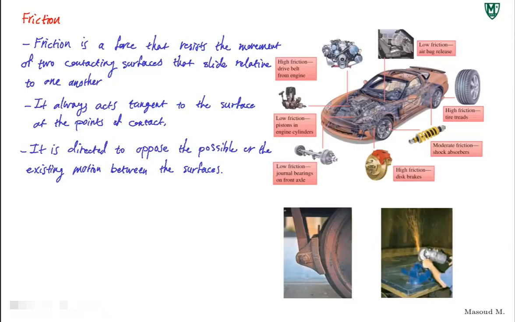Instead of having a bunch of gears next to each other, you can use a belt to transfer power from one shaft to another shaft. Now, what happens is that you want a lot of friction between the belt and the shaft. You don't want the belt to slide on your shaft, right? When your shaft turns, you want your belt to move with it. So you want maximum friction there.